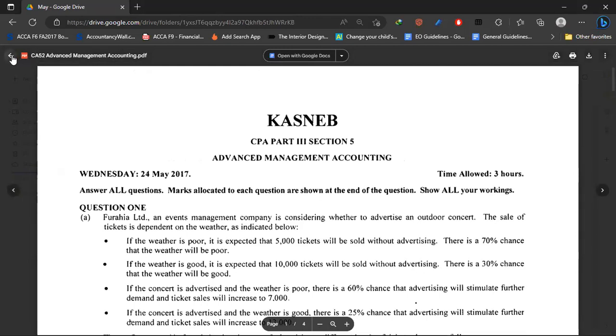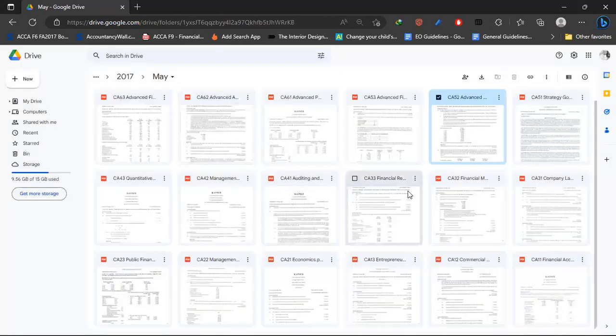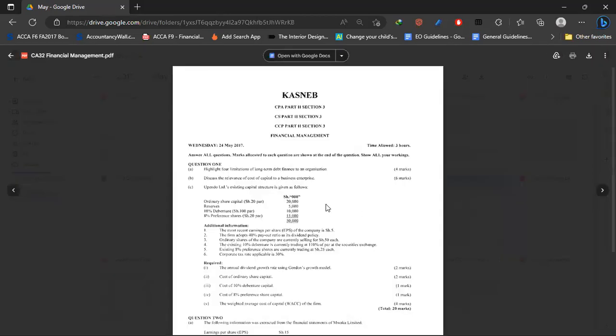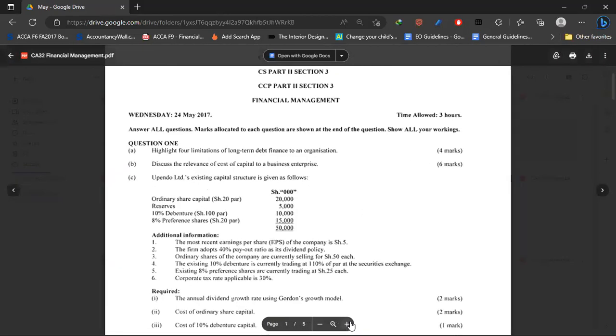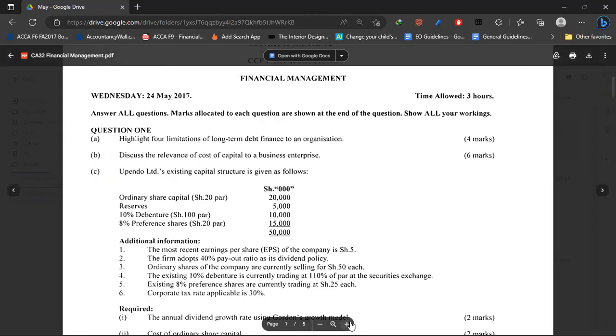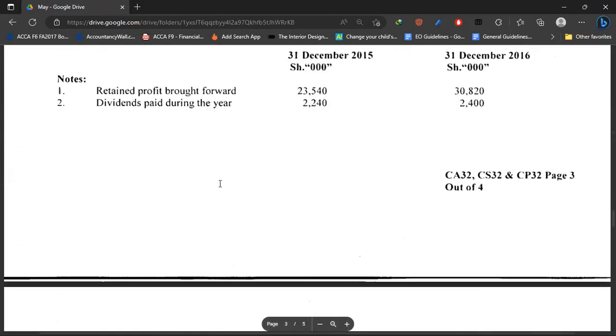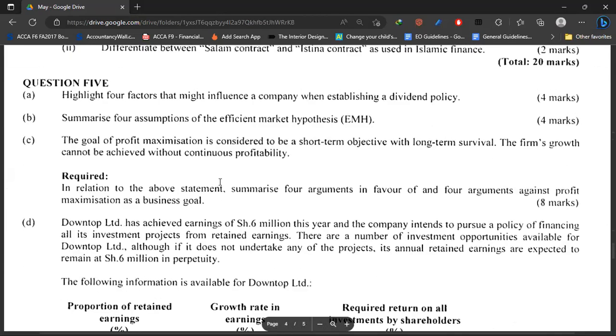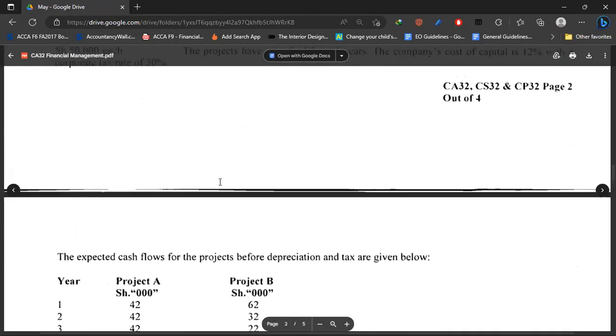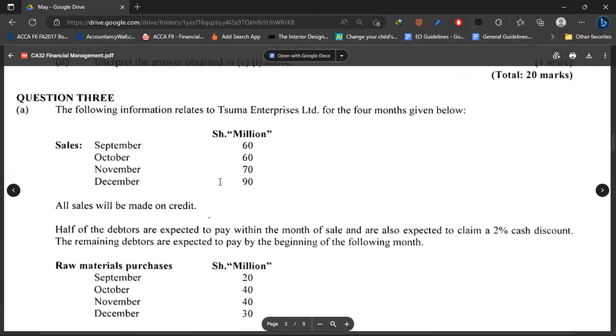Sorry for this. There should be financial management here. Question 3A. Someone reads.